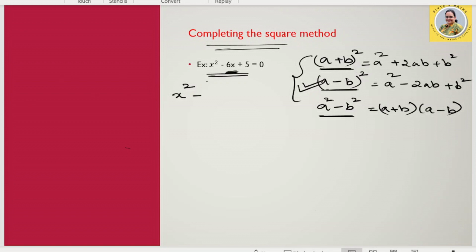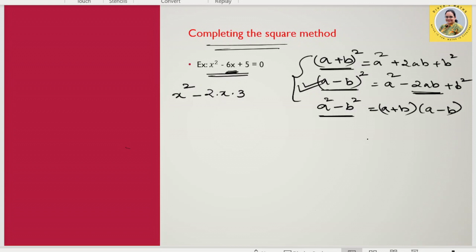Now 6x, which is the middle term, is 2ab. So I can take 6x as 2 into x into 3. This is a square, so when a is equal to x, I can take 2 into x into 3.